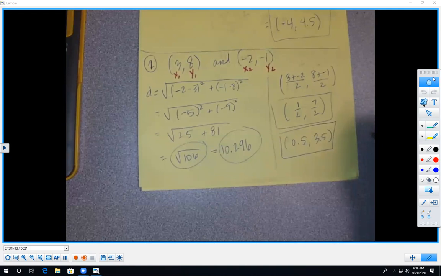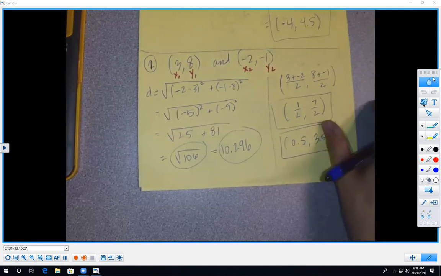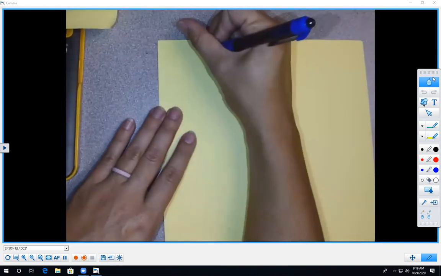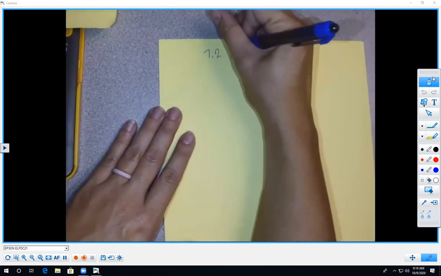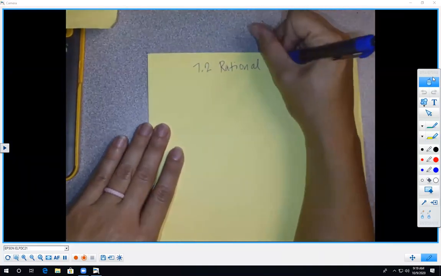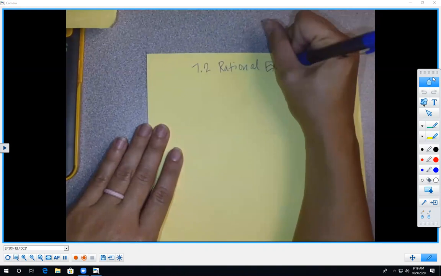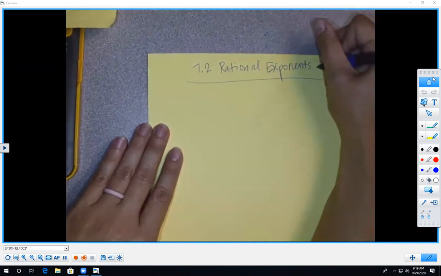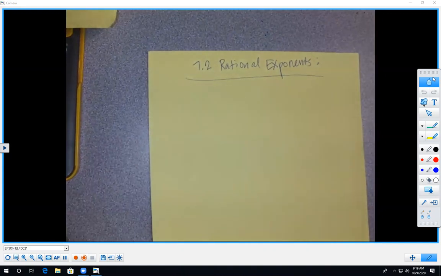We are going to move on to the next section, which is 7.2, rational exponents. What does rational mean? Anybody know?